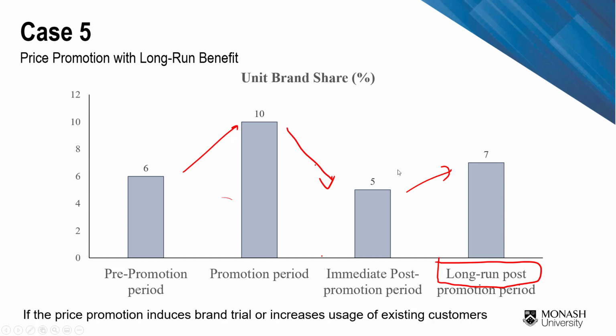So what does it mean? This can mean two things. First, your promotion could be very successful, but the second one, it raises your baseline period from 6 to 7. So there's a new baseline period going on in here.